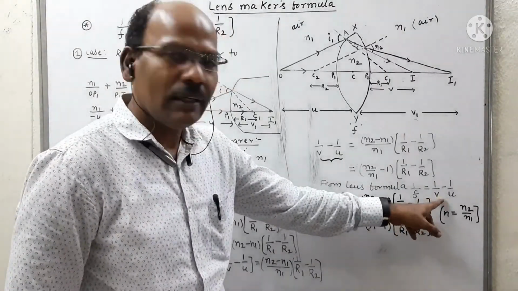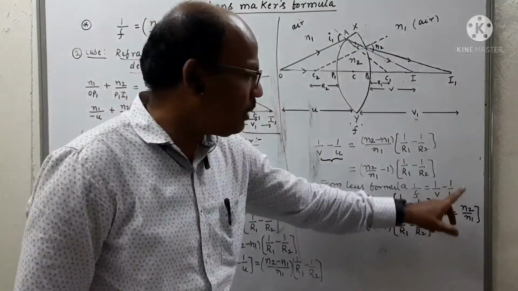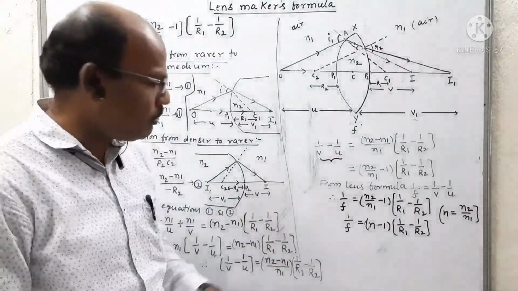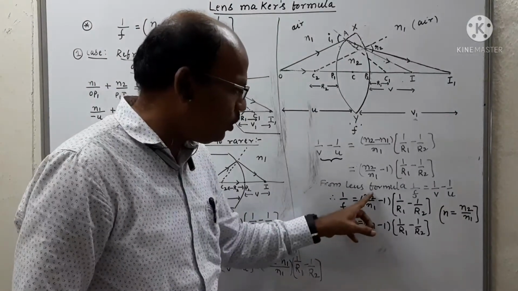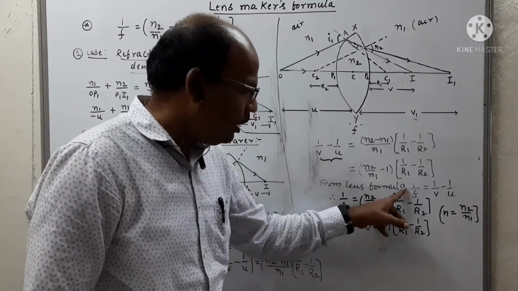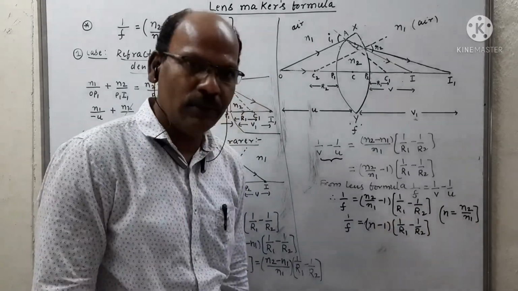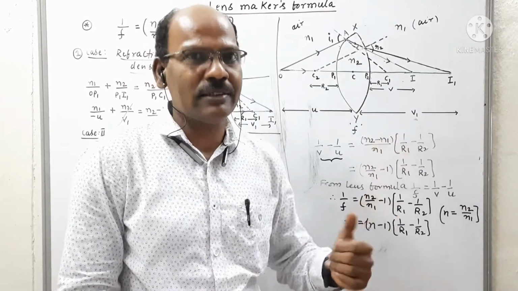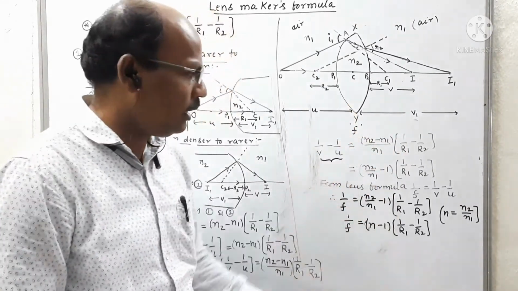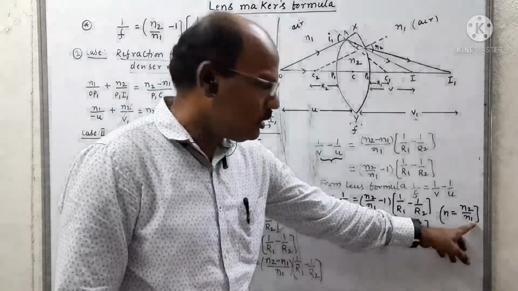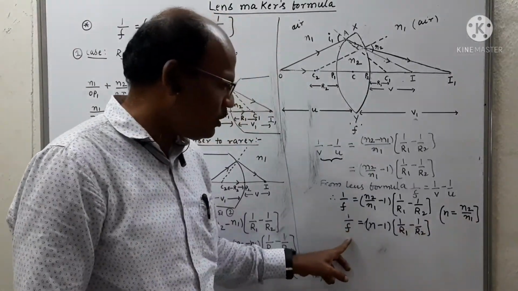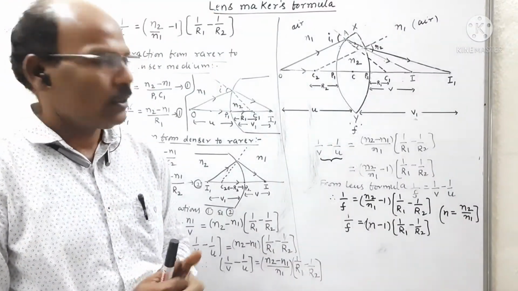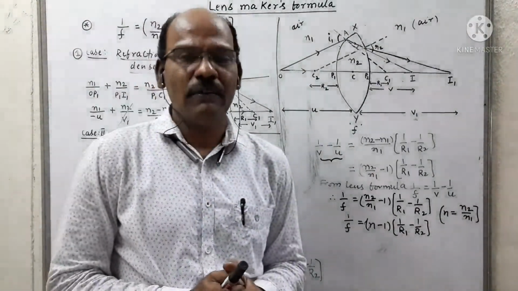So we substitute 1 by F in place of 1 by V minus 1 by U. The final expression for the Lensmaker's formula is 1 by F is equal to (N2 by N1 minus 1) into (1 by R1 minus 1 by R2). But we know that N2 by N1 is the relative refractive index of the glass, the convex lens, with respect to air. So we can write 1 by F is equal to (N minus 1) into (1 by R1 minus 1 by R2). So this is the Lensmaker's formula.